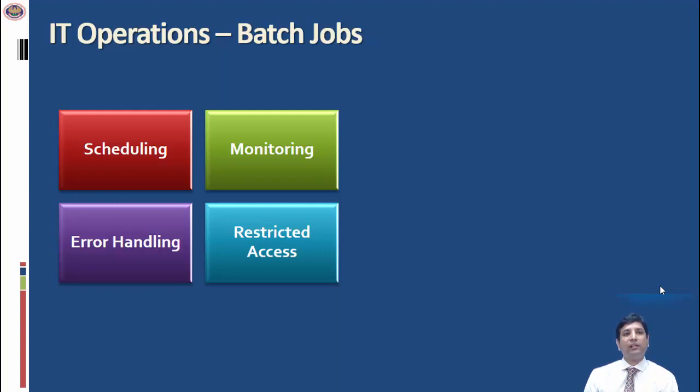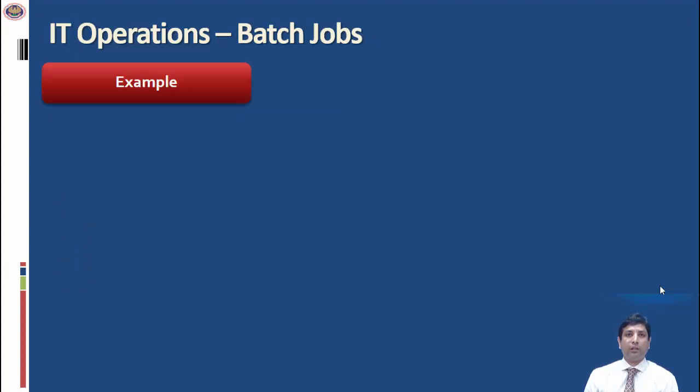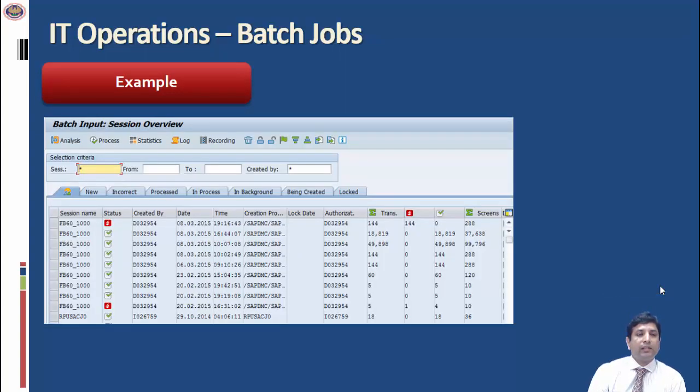Now let us look at a real life example of how a batch job looks in a real life scenario. In this example, we see that there are several batch jobs which are running. So all the batch jobs which are being executed. And here, along with each job, we can see that there is a status.